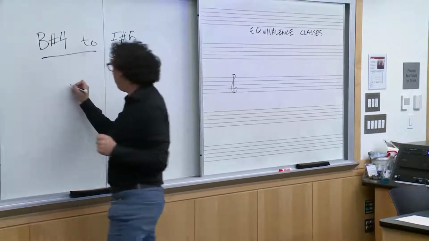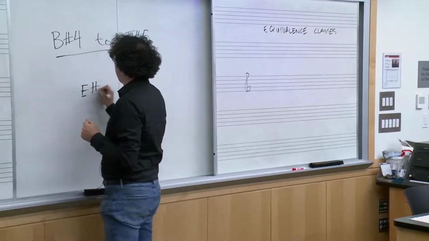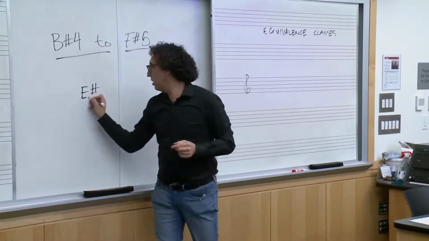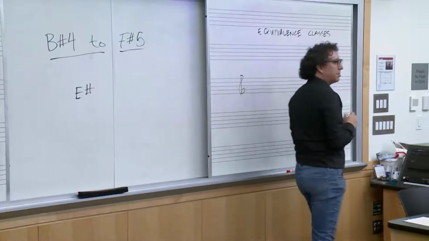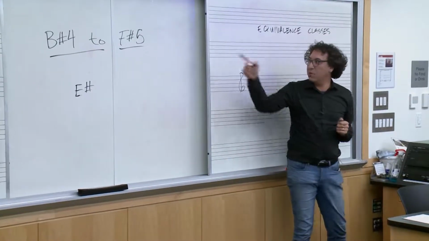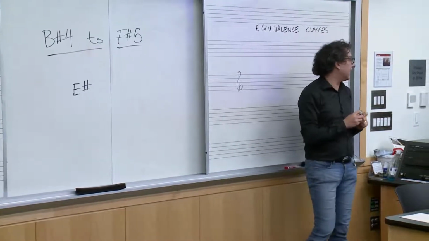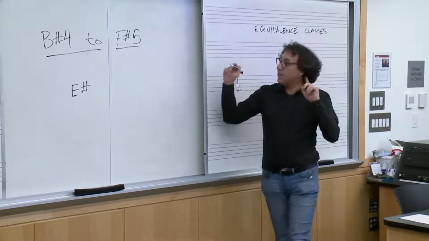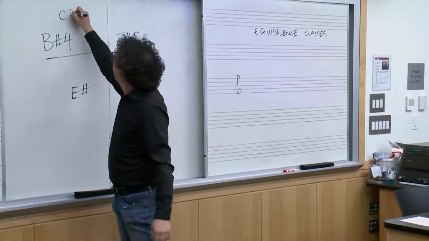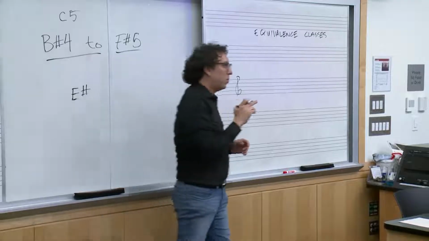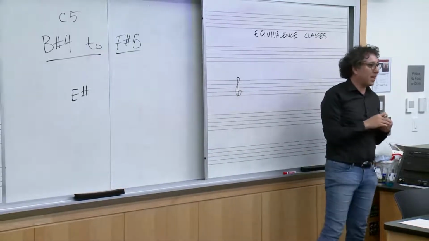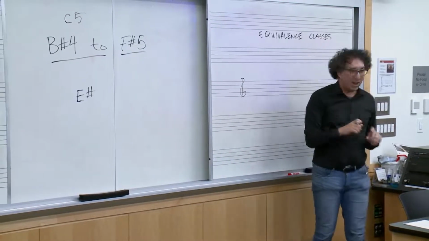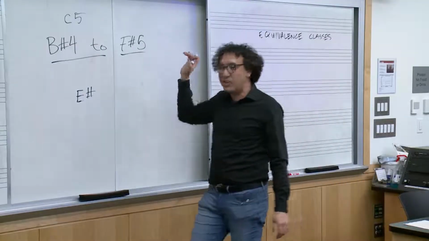Now, B sharp's a problematic note the way E sharp is, right? But it also has its own special problematic things. What note does B sharp sound like? C5, good. So the issue that came up a lot is, what should this interval be?